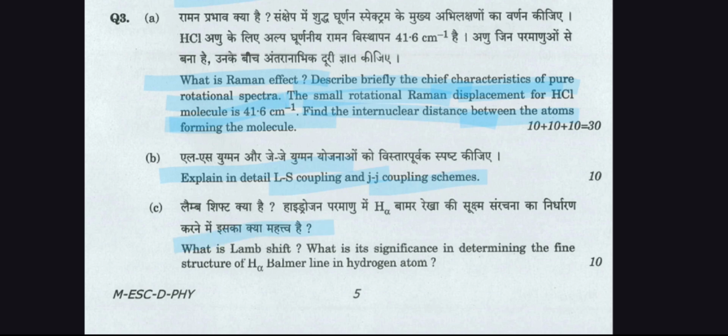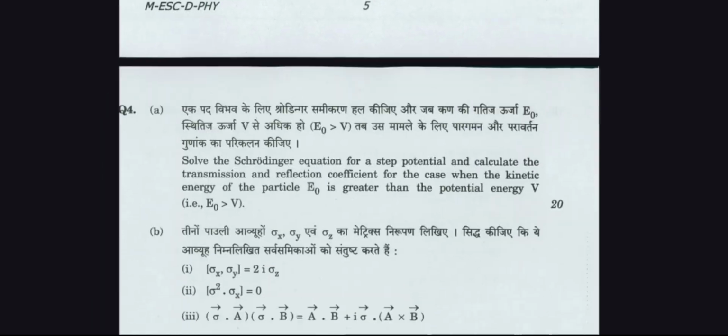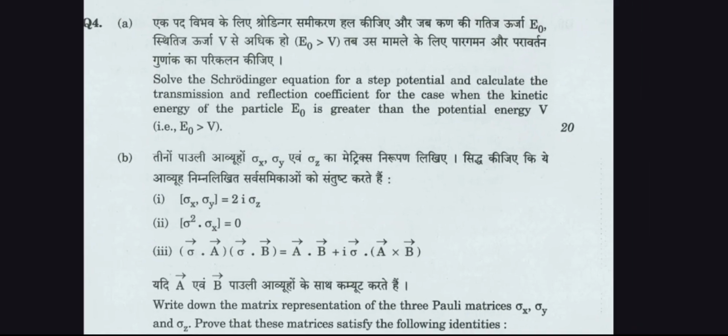Question 3: What is the Lamb shift? What is its significance? It has significant importance in determining the fine structure of the hydrogen alpha Balmer line in a hydrogen atom. Question number 4 is here.